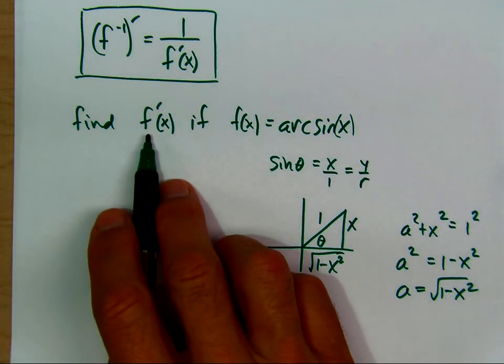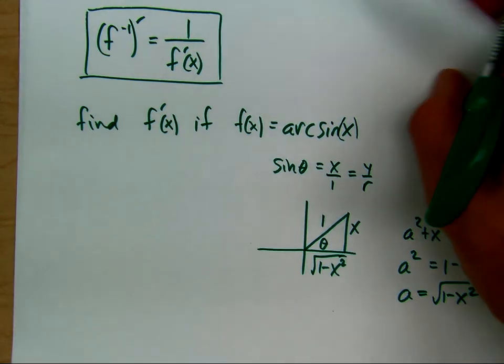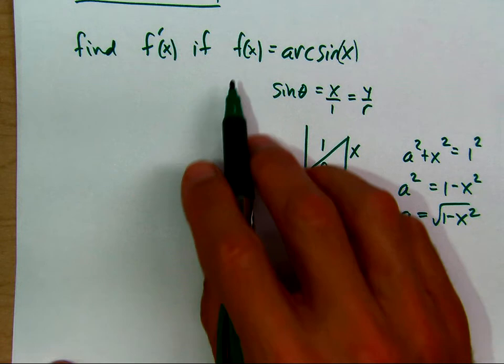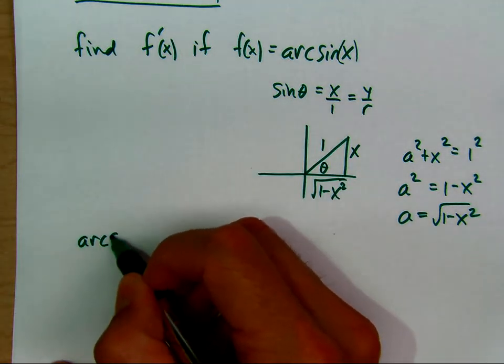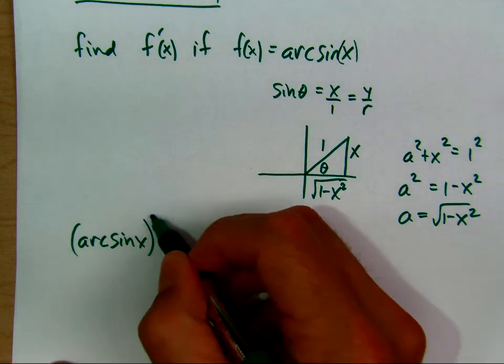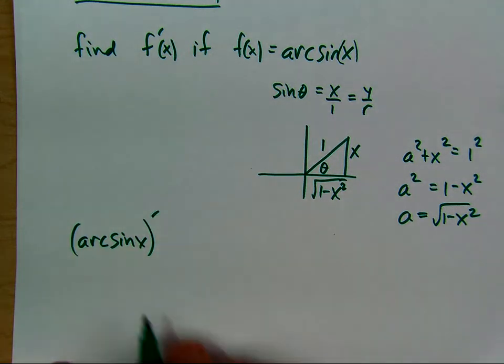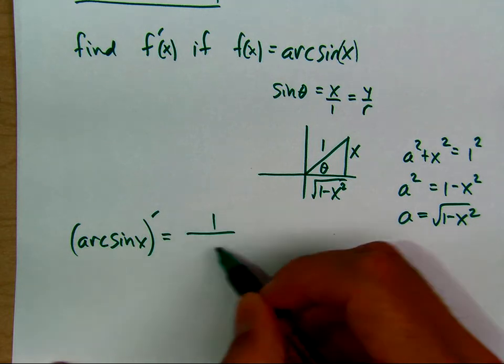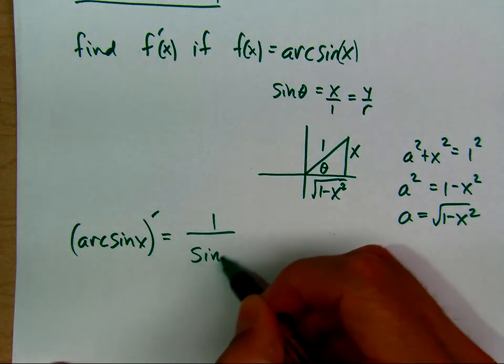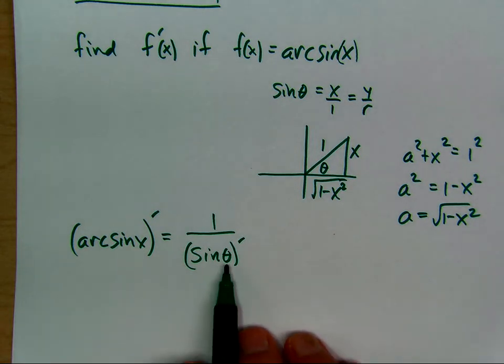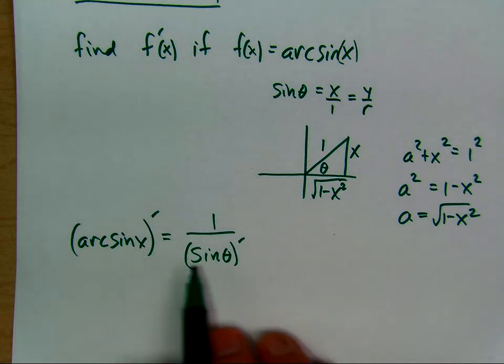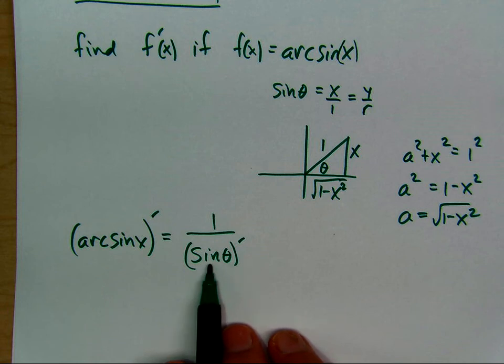Then we want to find f prime. I think the f's are going to be confusing, so why don't we do this? We want the derivative of arcsine. The derivative of an inverse is 1 over the derivative of the original function. Remember that if there's an x there, this is really a y value of this function, so we need an x value of that function.